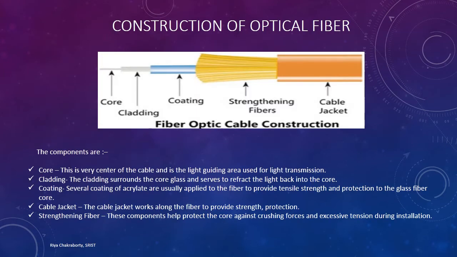Now the part is construction of optical fiber. The components are number 1 core, number 2 cladding, number 3 coating, number 4 stranded fiber, number 5 cable jacket. The core is the very center of the cable and is the light guiding area used for light transmission.